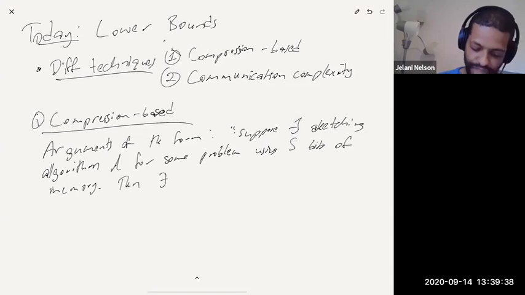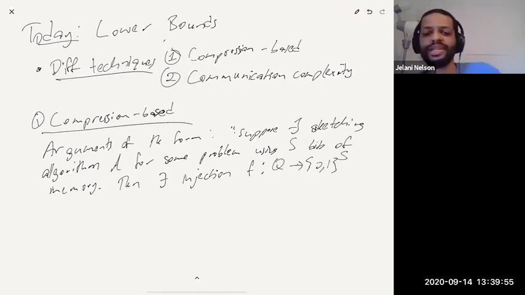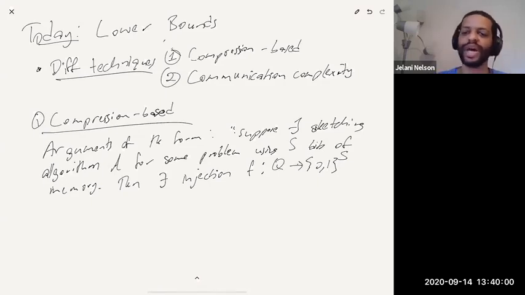Then there exists an injection F mapping some set, let me not overload S, let's call it Q, into {0,1}^S. And it might not necessarily be {0,1}^S, it might be {0,1} to some function of S, like the root of S or whatever. But basically there's an injection mapping some set into some bounded set. {0,1}^S has size 2^S. So it's mapping Q into some bounded set.